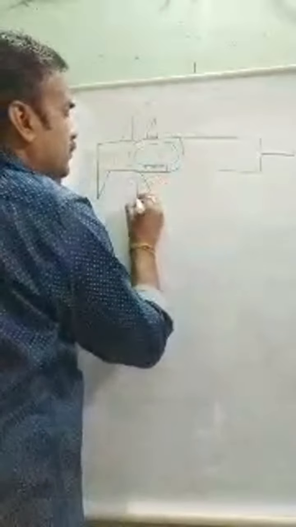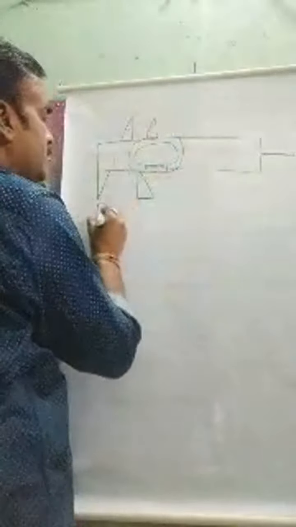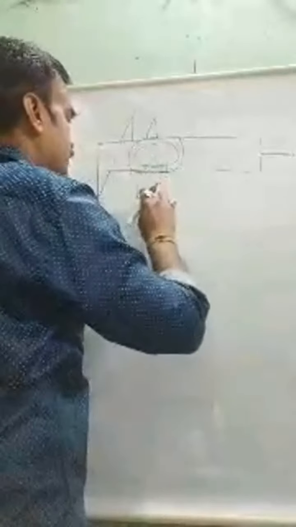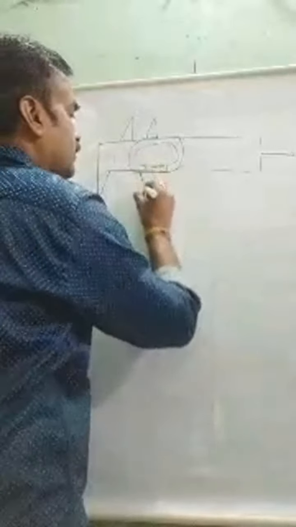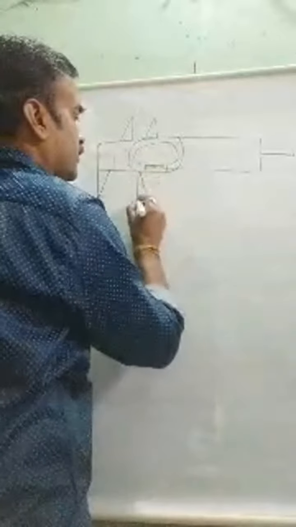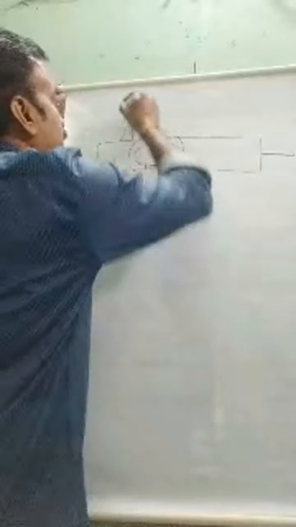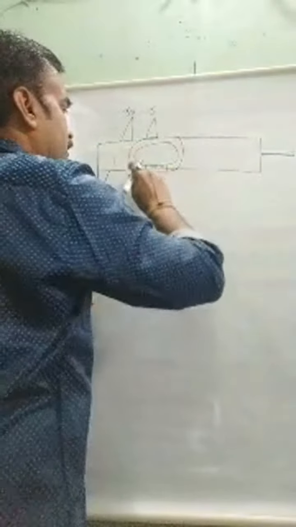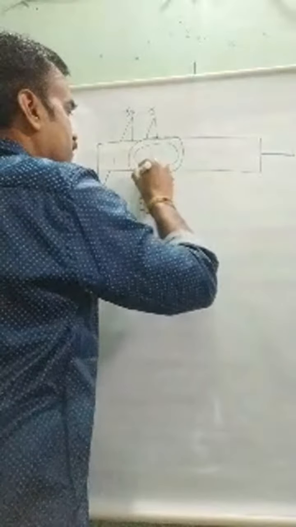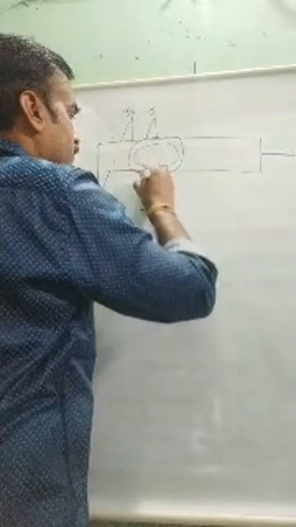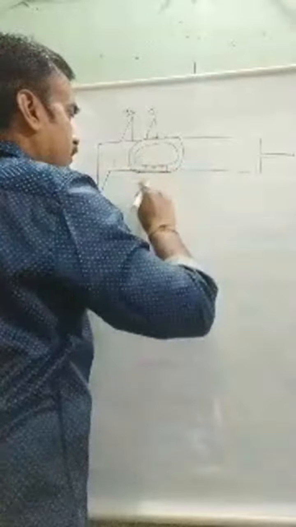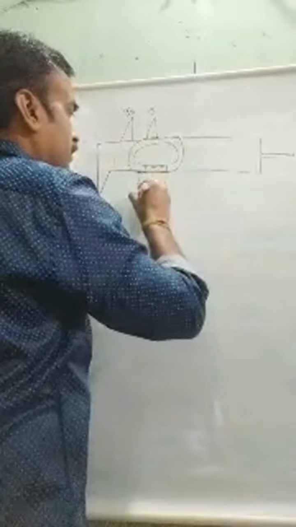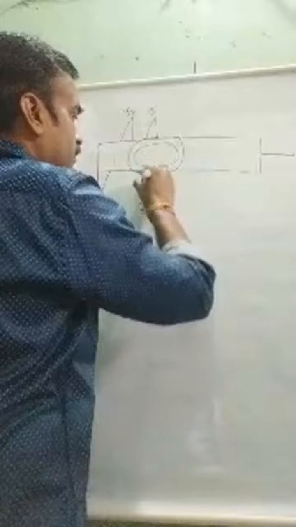Here also one jaw. This is J1, J2, J3, J4. These are the four jaws here.